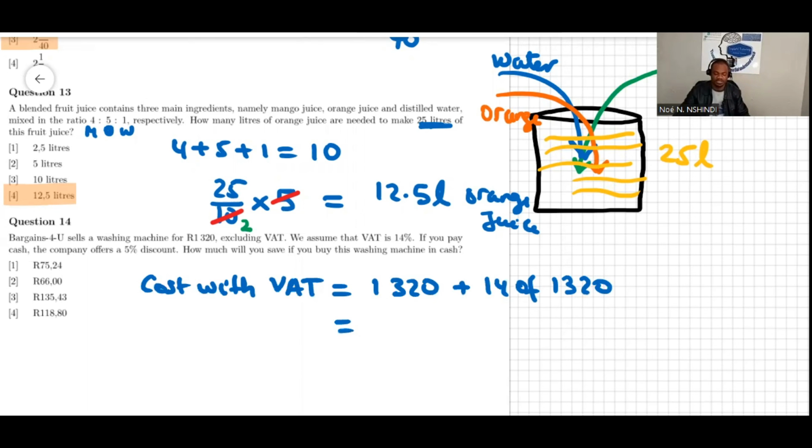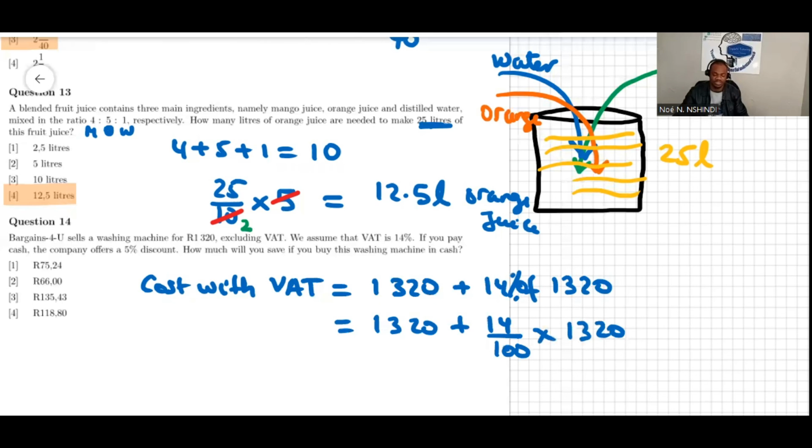The word "of" in English is translated as "times" in mathematics. So it's 14%, which is 14 over 100, times 1320.